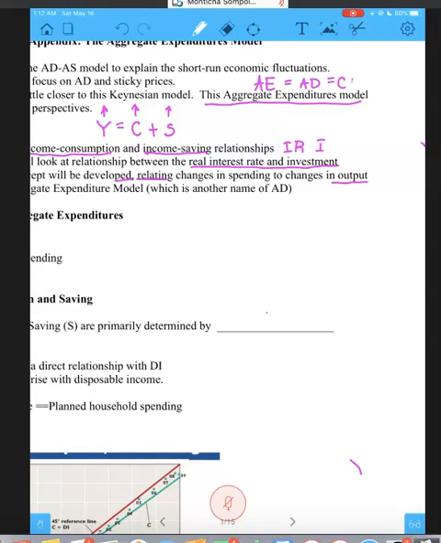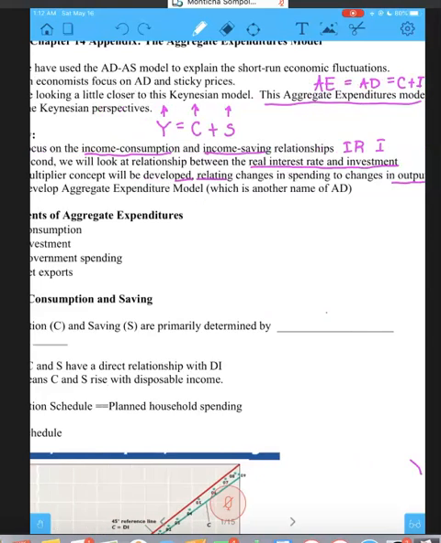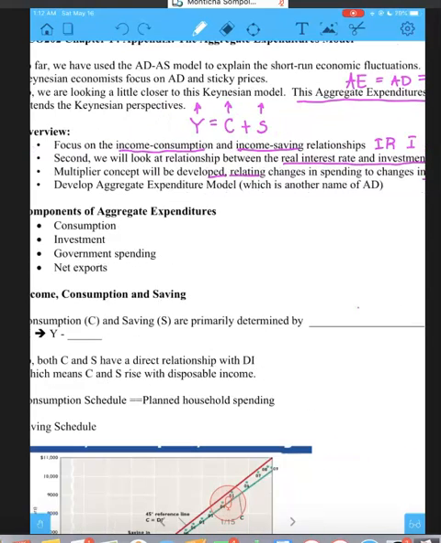So the aggregate expenditure is the aggregate demand, which is the sum of consumption expenditures, investment, government expenditure, and net exports. Okay, so we will be looking at interest rate and investment as well. And once we get the concept of multiplier, then we'll be looking at how this demand side determines the GDP, right?